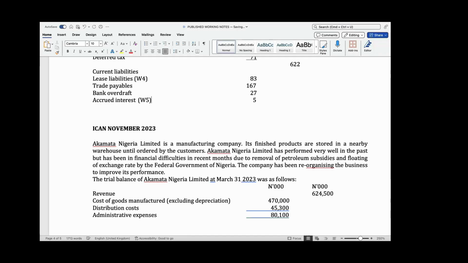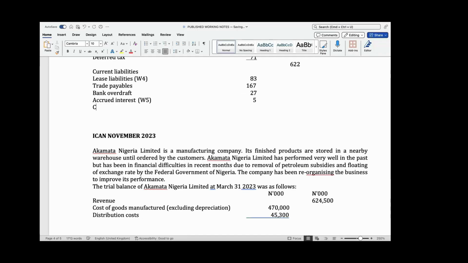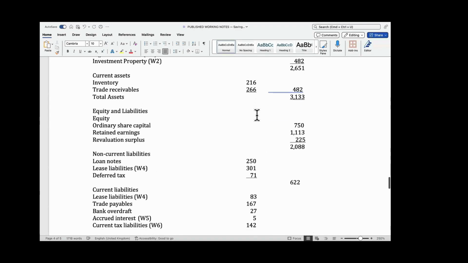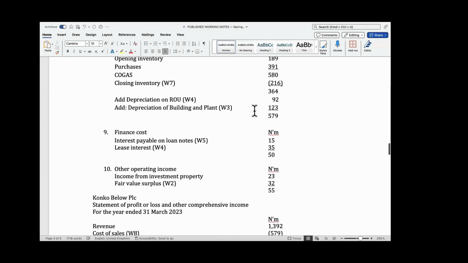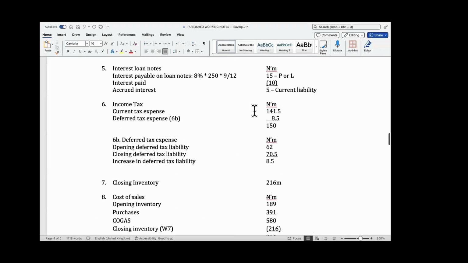That should be working 5 or so. And we have the current tax liabilities also, which I think is working 6. Was it 141.5 or so? Yes, sir, 141.5. So just approximate it to 142.